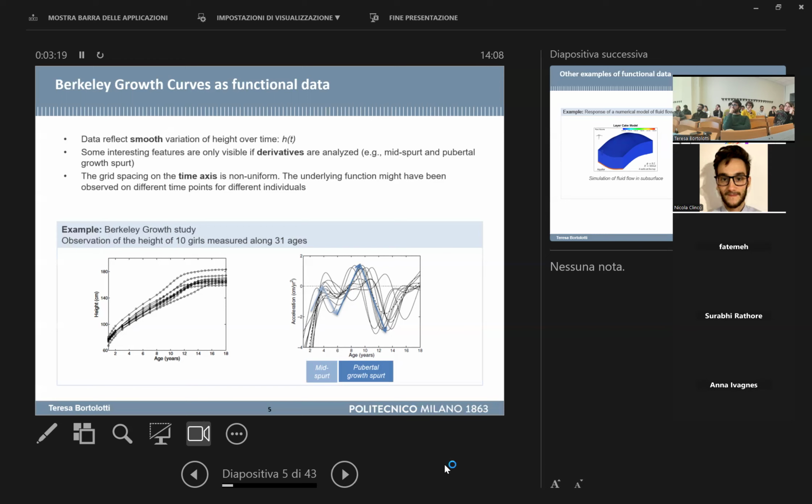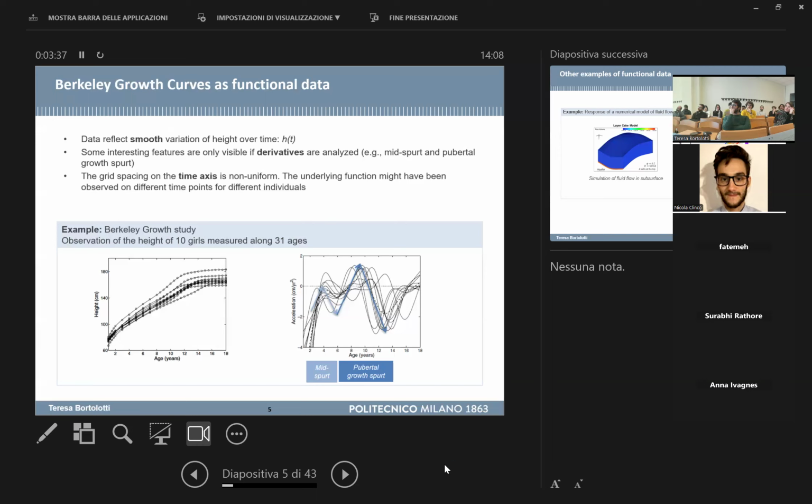Some interesting features of these data are available only if you consider the derivatives of these curves and not only the zeros of the derivative. For example, the mid-spurt and the cubital growth spurt, so these peaks that you observe here.